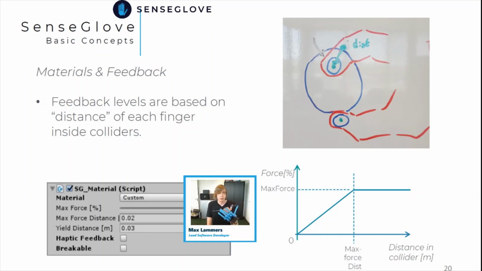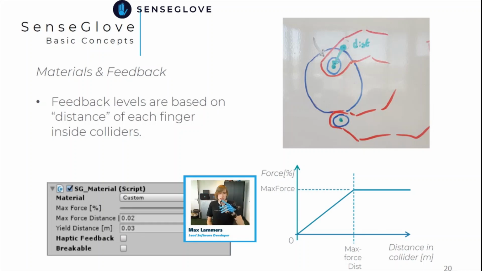You can see on one of my sides here, the deeper you go into the collider, the more we ramp up the force. That's where the max force parameter is used. That's the maximum force this material gives, and it gives that as soon as it reaches the max force distance.